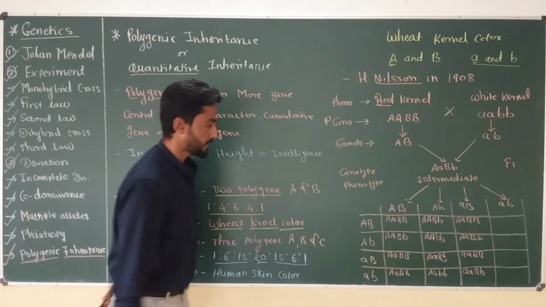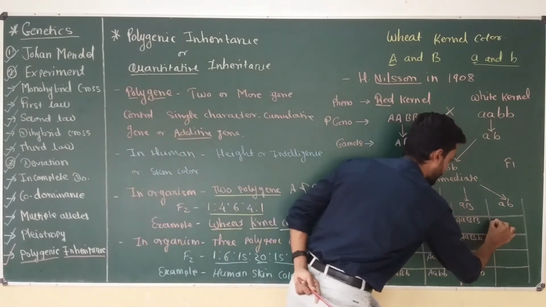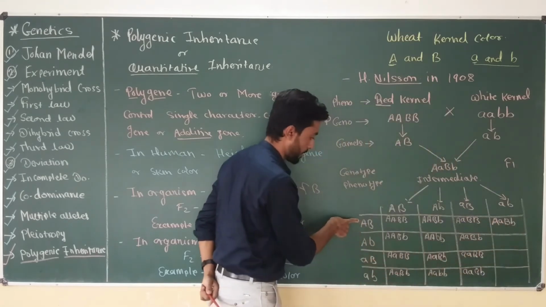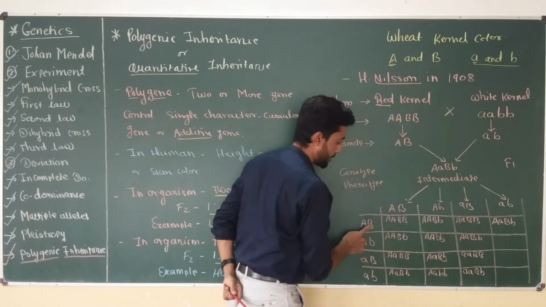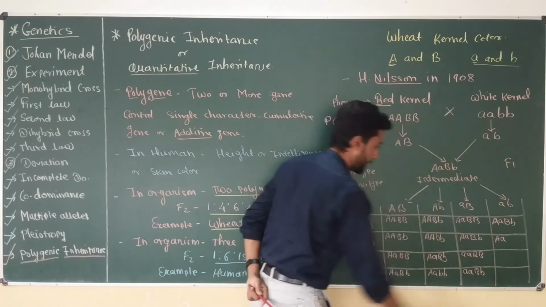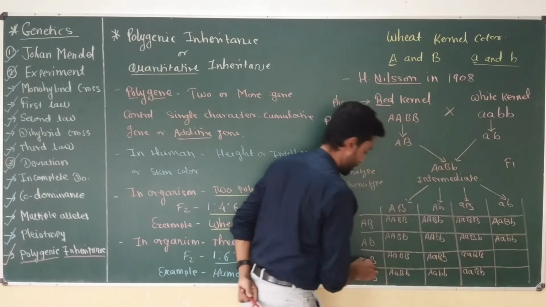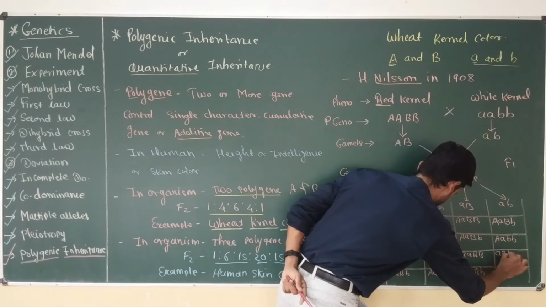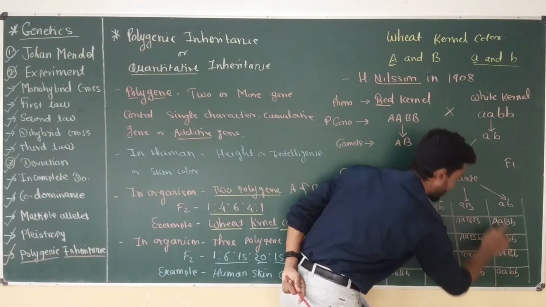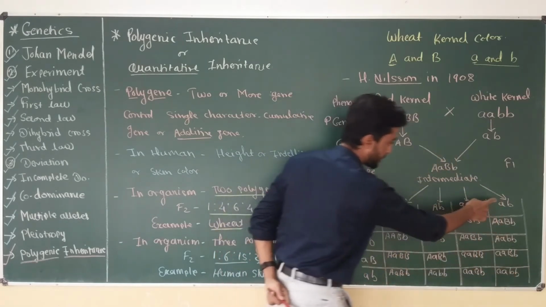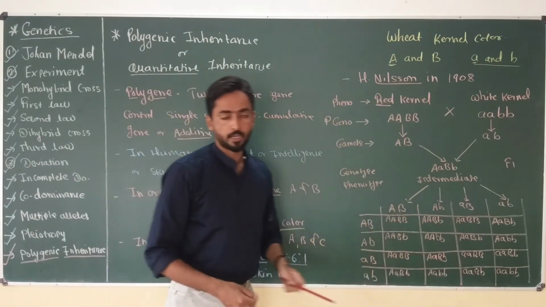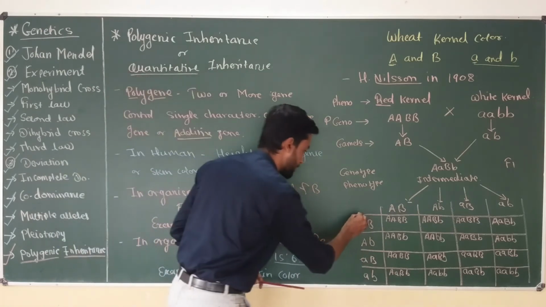Okay, and in the last column, capital A small a capital B small b, then capital A small a small b small b, small a small a capital B small b, and finally small a small a small b small b, because both the gametes contain recessive genes. Okay, so now we will get 16 different genotypes in the F2 generation.